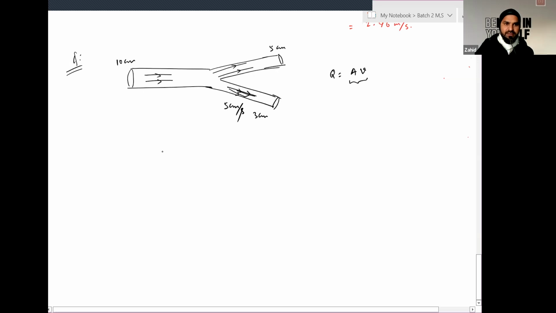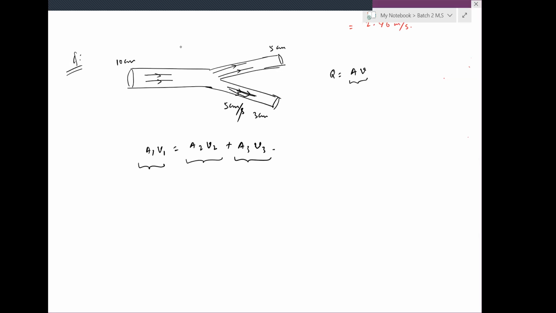So we can say A1V1 equals A2V2 plus A3V3. Since the first branch through which liquid is entering is divided into two parts, the total amount of liquid ejecting out, A2V2 plus A3V3, must equal the total amount of liquid entering the main branch. Is it clear?